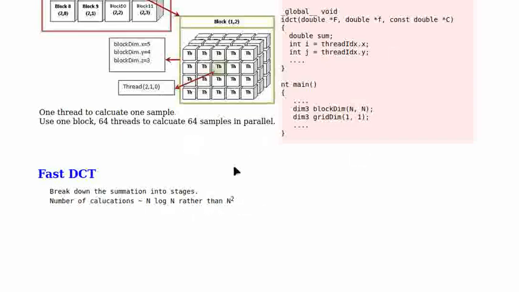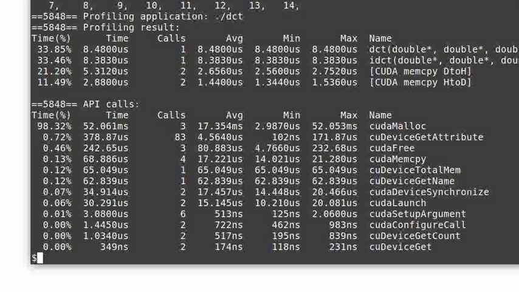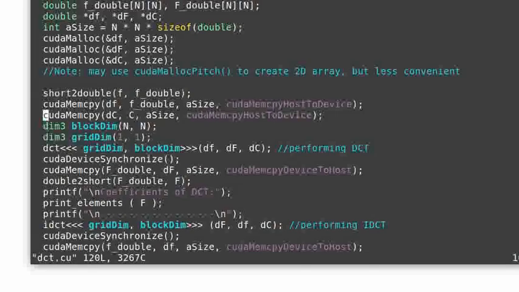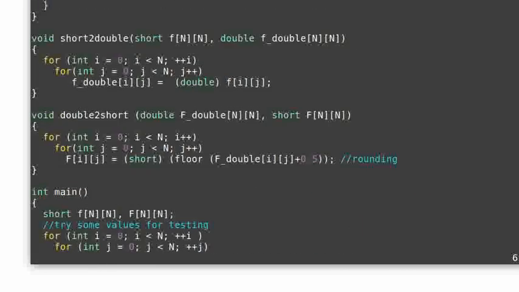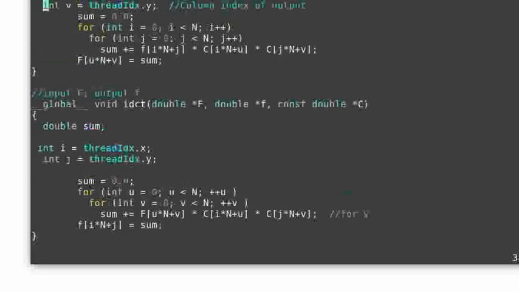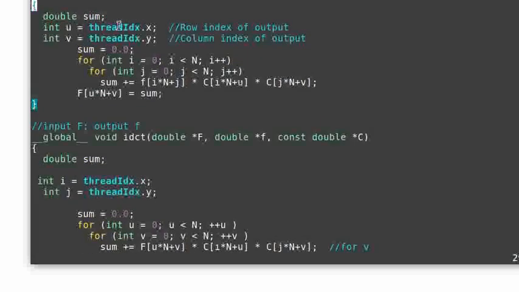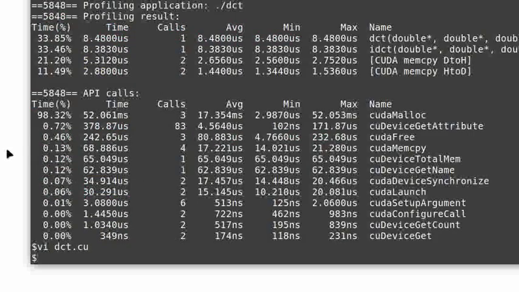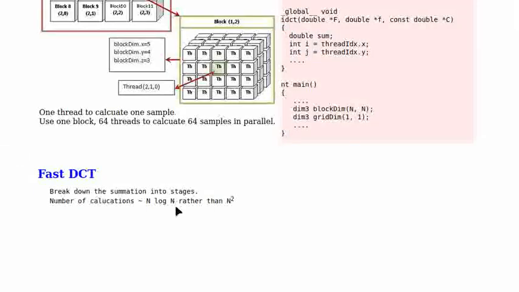So even though we use one thread to do it, we still have this double loop, and this loop could be sped up using fast DCT. And we'll discuss this in a later video.